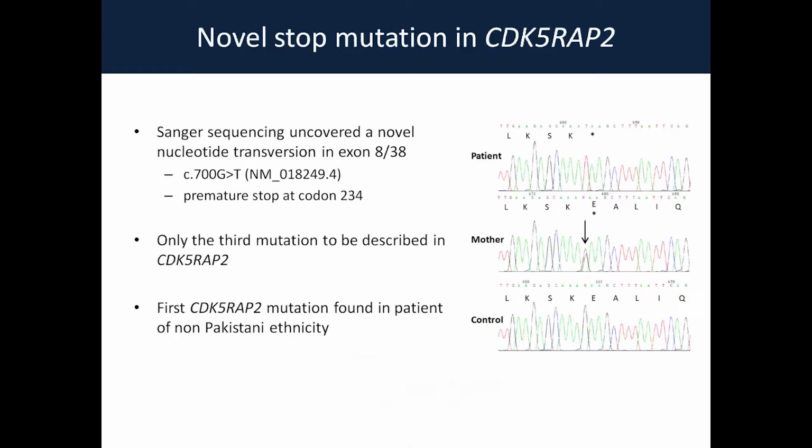Because it was such a good candidate, we thought we'd save money and just do Sanger sequencing, so we sequenced all 38 exons, and we found a novel transversion mutation that predicted a stop codon. At the time this was only the 3rd mutation to be described in this gene, and it was the first mutation described in a patient who wasn't originally from or descended from Pakistan ethnicity.